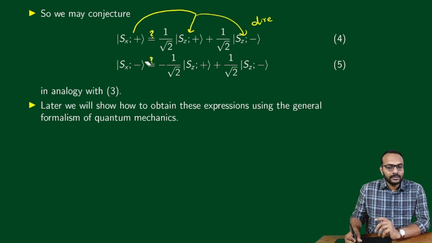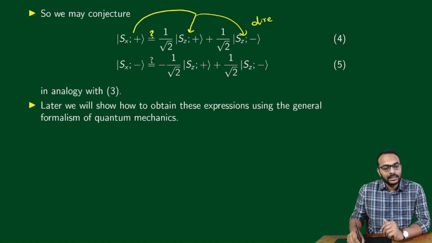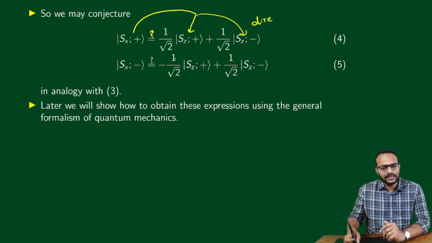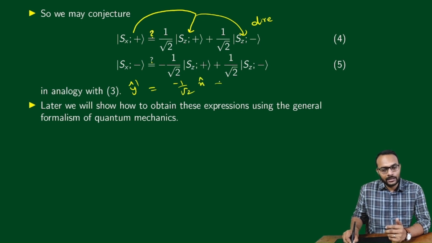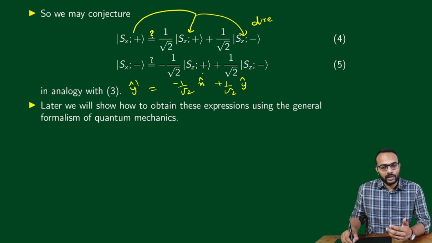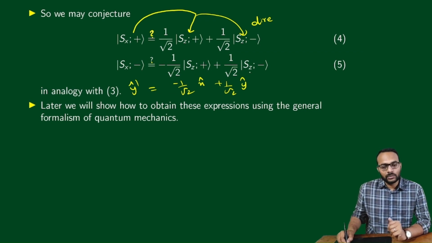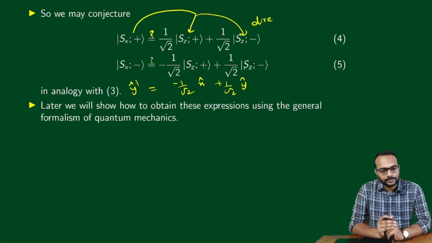Similarly, the same logic goes here. We make use of the correspondence to write Sx minus. Can this be written as minus 1 by root 2 Sz plus, because in the other case we had y prime equal to minus 1 by root 2 x hat plus 1 by root 2 y hat. Applying the correspondence, maybe we can write Sx minus as minus 1 by root 2 Sz plus plus 1 by root 2 Sz minus.